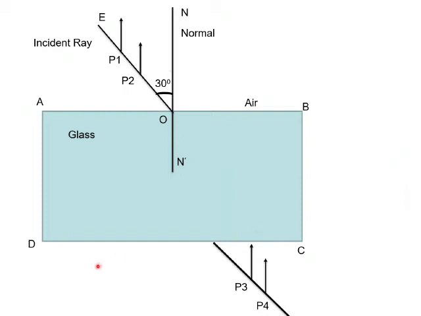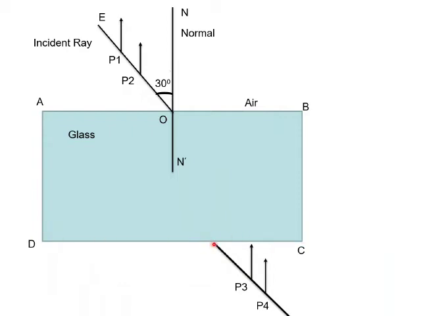Next, you will remove the pins, and remove the glass slab also. You can remove the pins from here also. So all pins are to be removed, glass slab to be placed on one side. And now what you will do is join P3 and P4 so that it rests on the DC side of the glass slab.